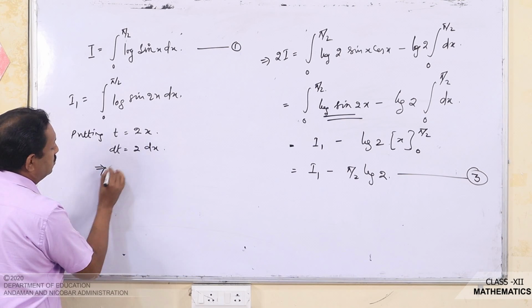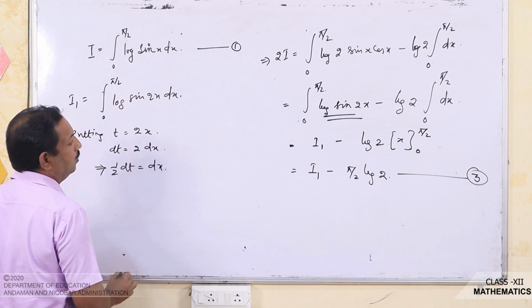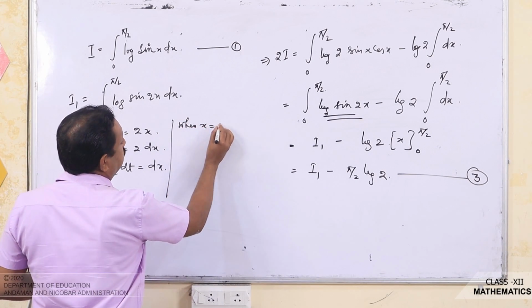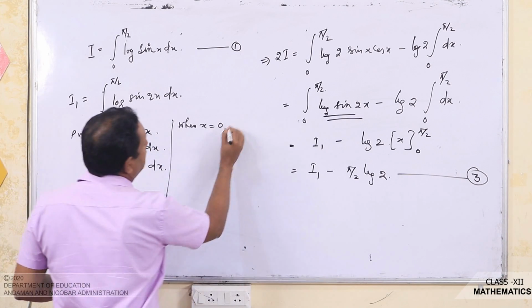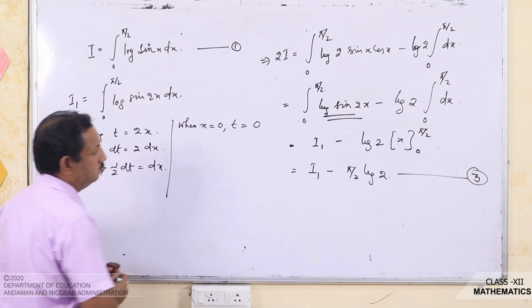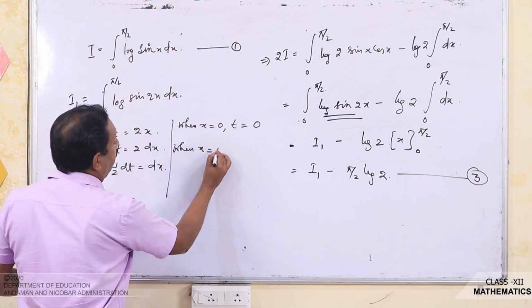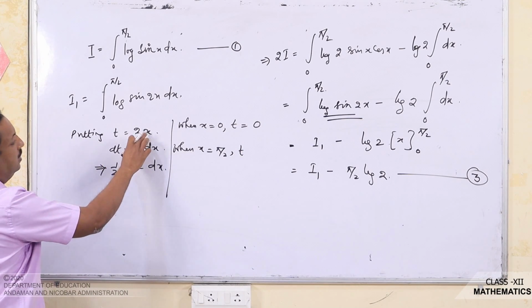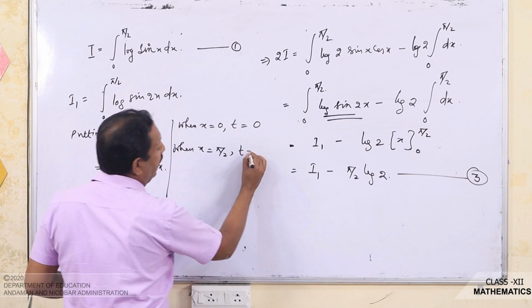So this implies dt by 2 equals dx. When x equals 0, t equals 0, and when x equals pi by 2, then t equals pi by 2 times 2, the 2s cancel, so t equals pi.